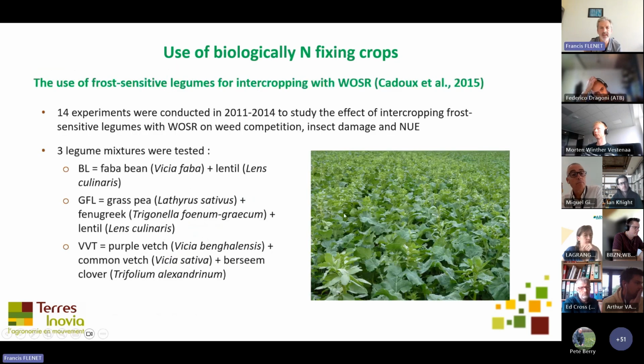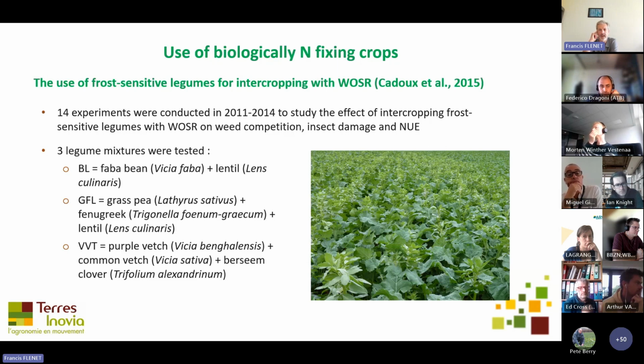We also investigated the use of frost-sensitive legumes for intercropping with winter oilseed rape. We conducted 14 experiments to study the effect of intercropping legumes on weed competition, insect damage, and nitrogen use efficiency.